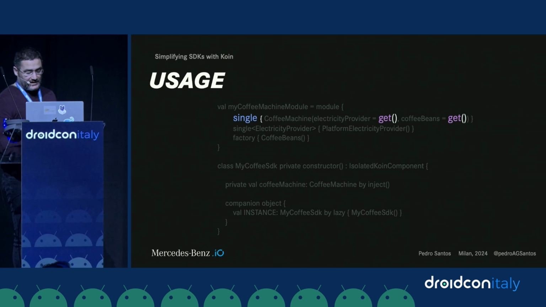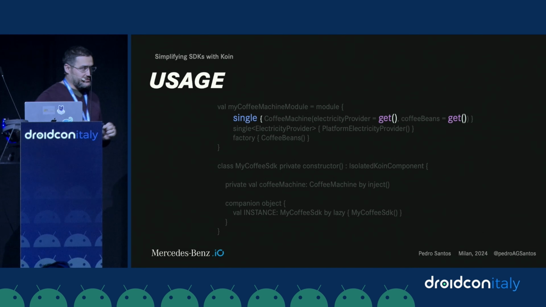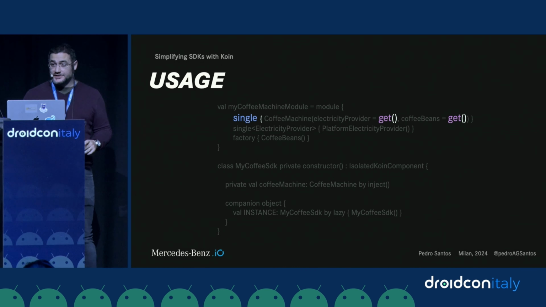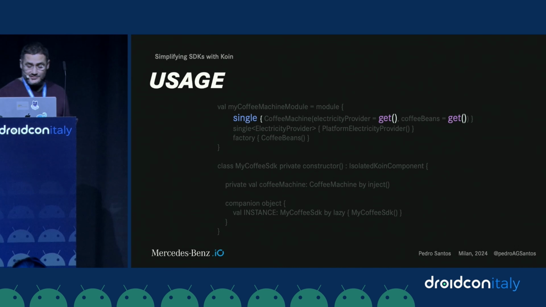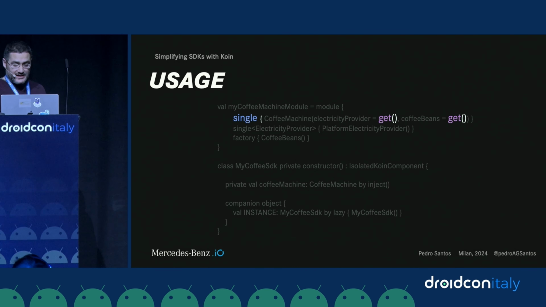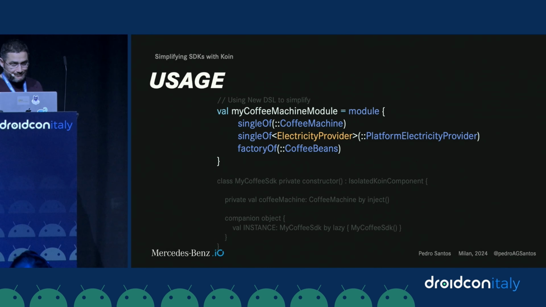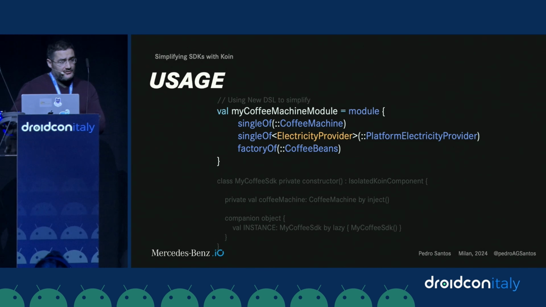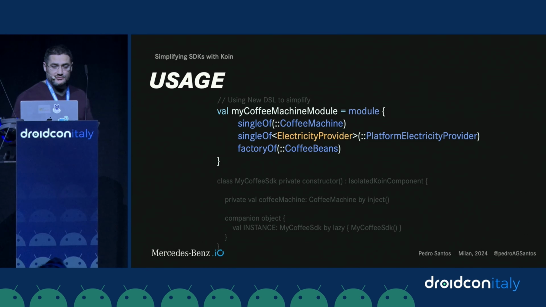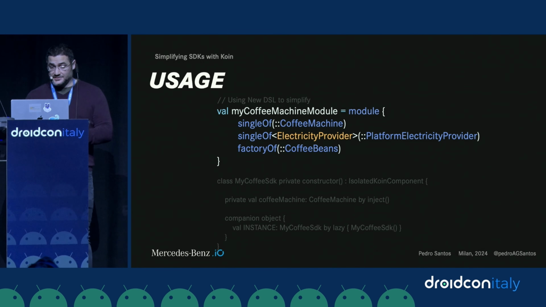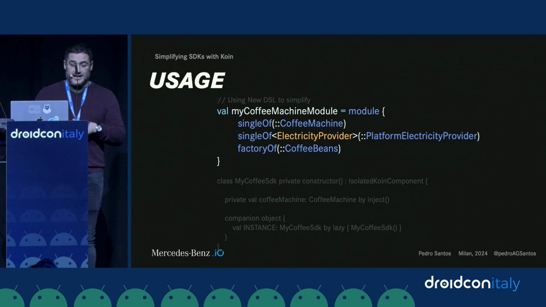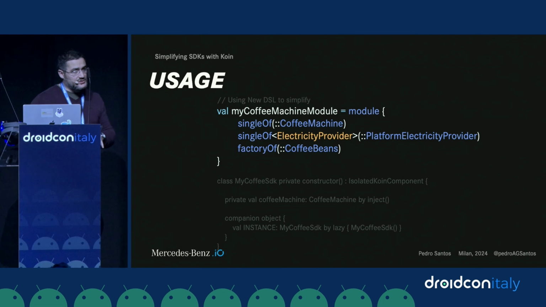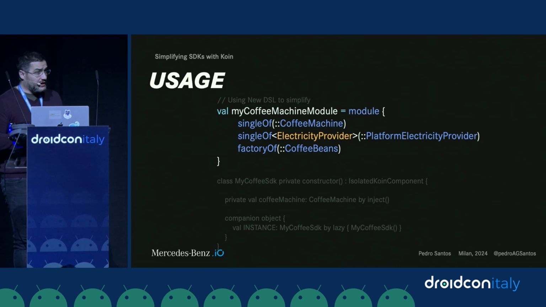So Koin has what I call, and some people don't like it, the DSL 2.0, which allows you to do something like this: you only do a single of your coffee machine and a single of your electricity provider, and as soon as those dependencies are resolved, it can generate it for you. So you don't have any problems.